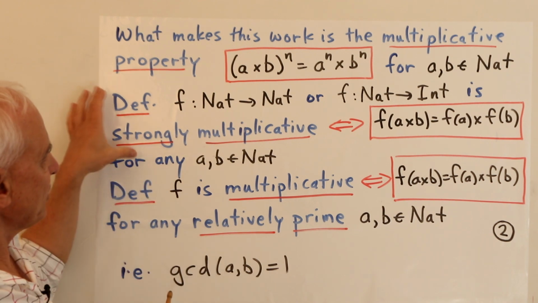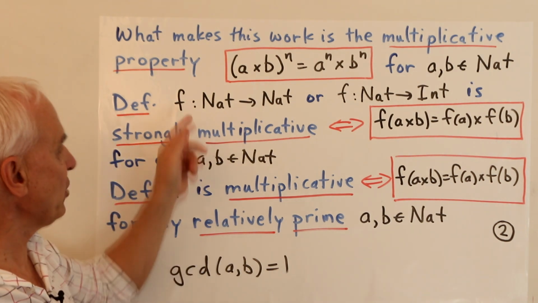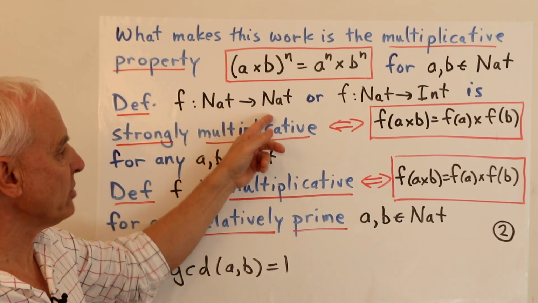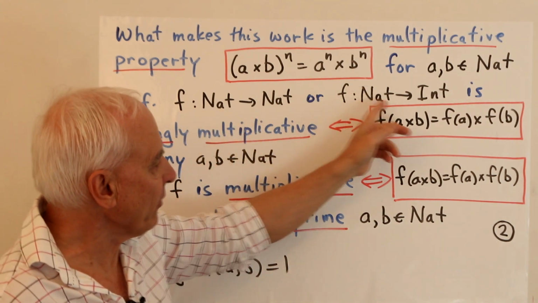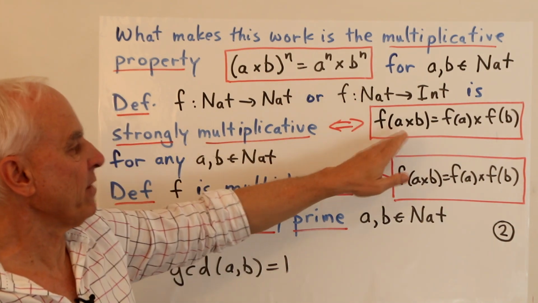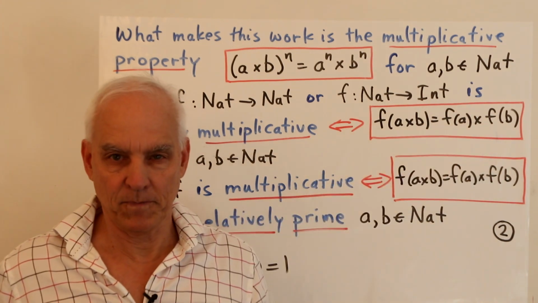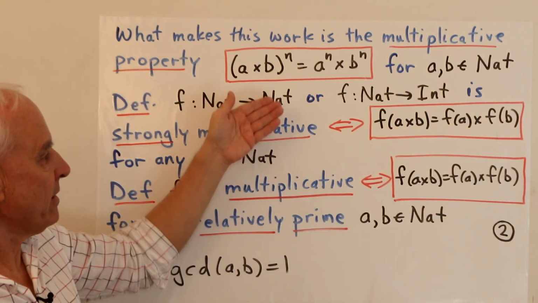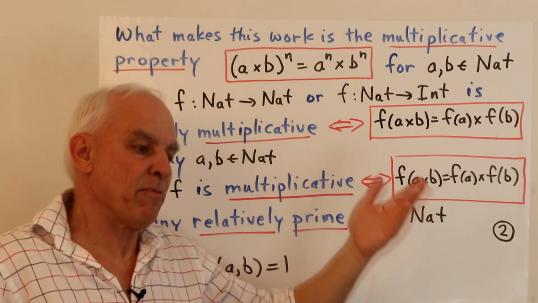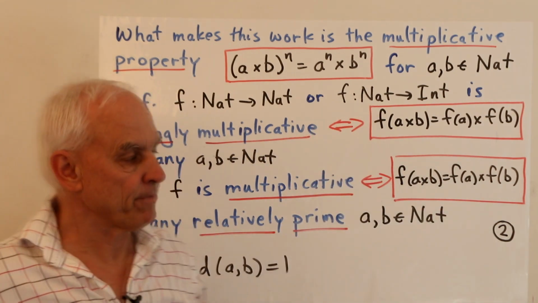So this motivates us to define the following: a strongly multiplicative function from the natural numbers to the natural numbers, or perhaps from the natural numbers to the integers, is a function that satisfies this basic property, that f of a times b equals f of a times f of b. So for example, raising a number to the nth power is an example of a strongly multiplicative function.